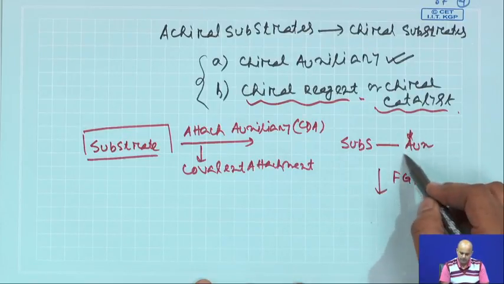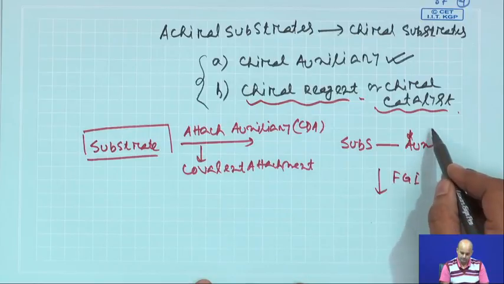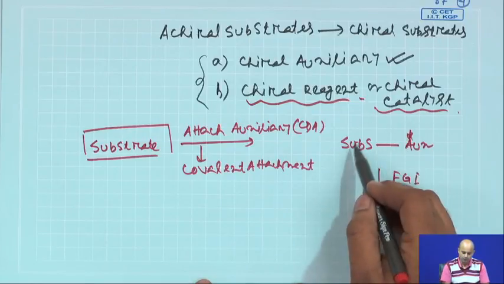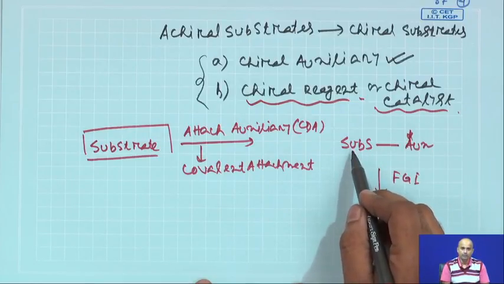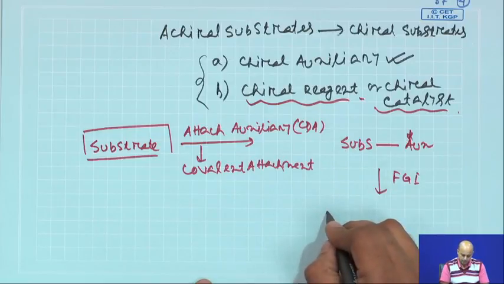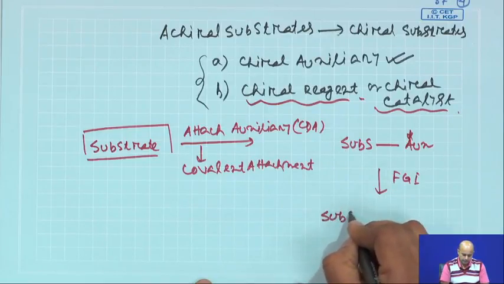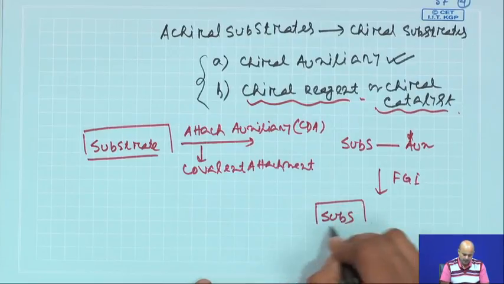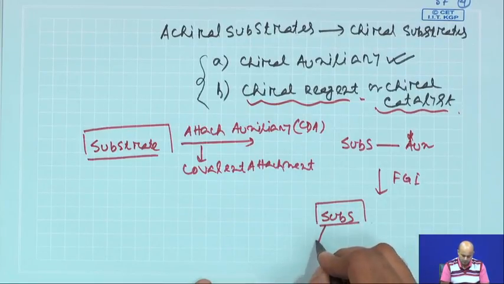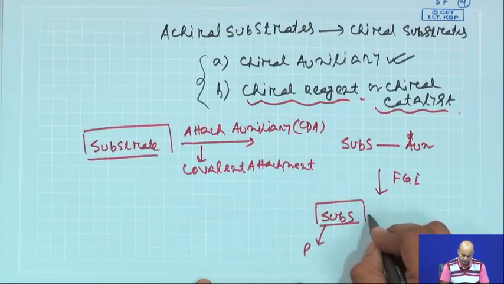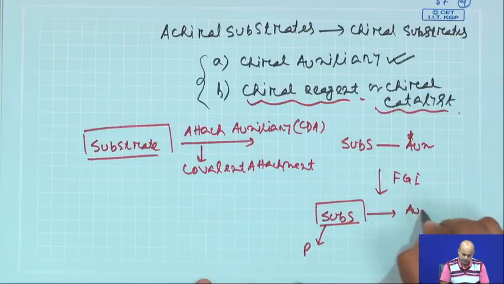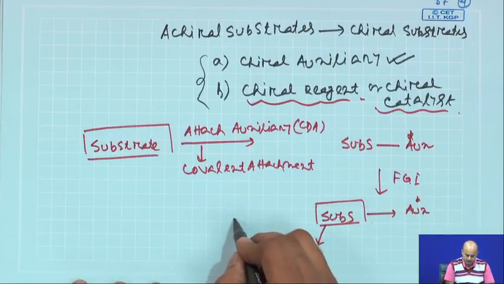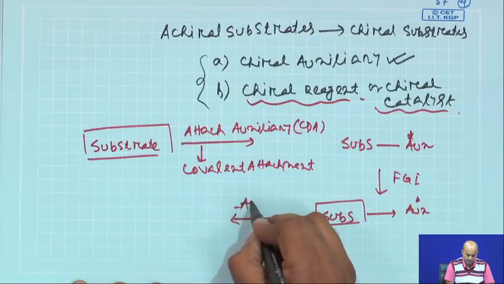The auxiliary part has a stereocenter, and this stereocenter will control the formation of the new stereocenter. So, your substrate will have some new bond formation, the auxiliary remains here, and now you get rid of the auxiliary.